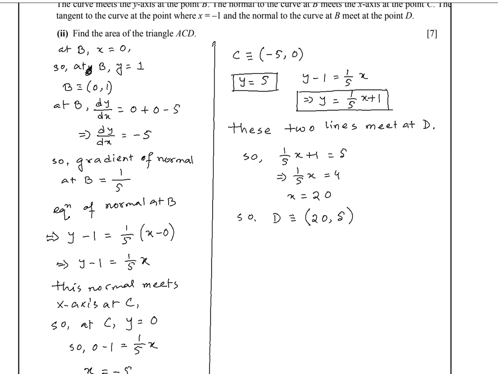Now I have all the coordinates of A, C, D, so we can easily find the area of the triangle. So let's write the formula.